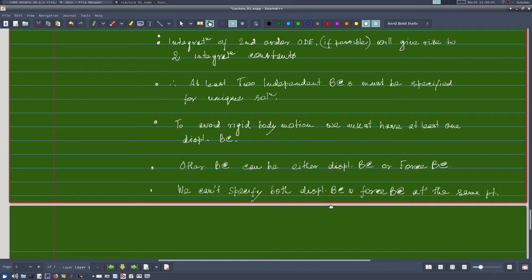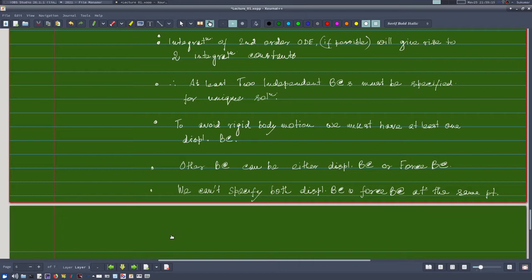If the displacement is known, that force is not known to me. It can be obtained only after solution of the problem. So these conditions must be fulfilled while specifying the boundary conditions. Okay? Now, with this background, let us go for the exact solution of axial deformation of a bar.